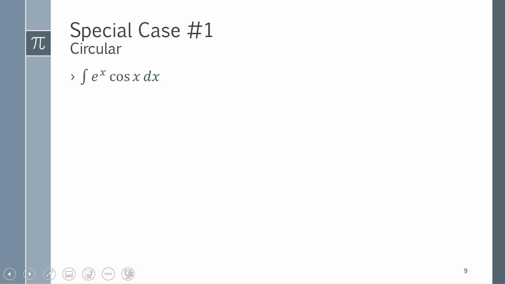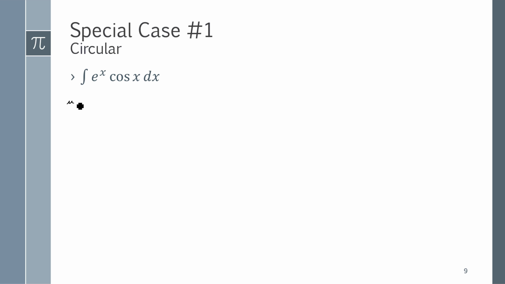So the first special case being the circular. And if you notice, the circular ones are ones where we end up with like e to the x and like sine or cosine, where I couldn't use the table method anyways. So I start off with, do I know anything that has a derivative e to the x cosine x? No. I don't see anything that would make me think of chain rule. So I'm thinking product rule.